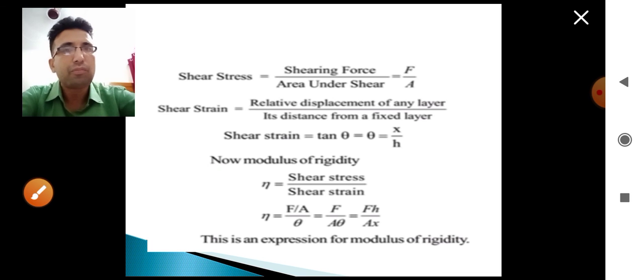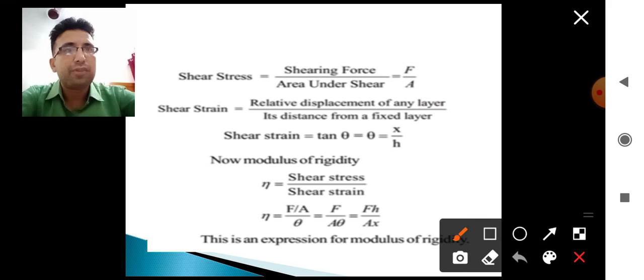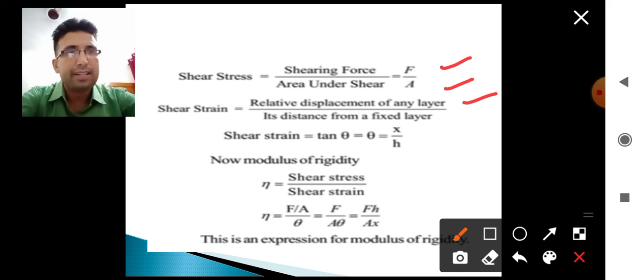Let us see. Shearing stress is equal to shearing force upon area under stress, and shearing strain is simply the relative displacement of any layer over its distance from the fixed layer. It will be equal to tan theta, which is x upon h. As the displacement is very small, we can say tan theta is approximately equal to theta, so it will be equal to x upon h.